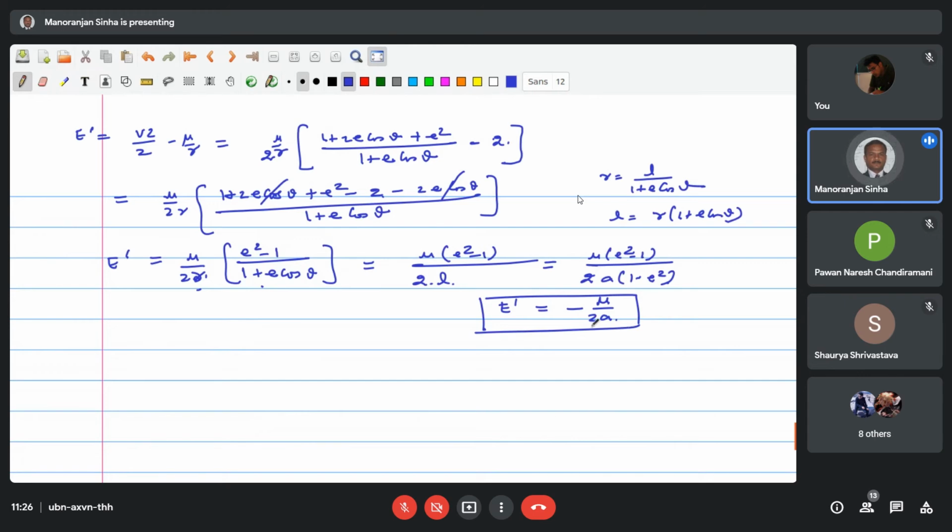And once you know this, so in the orbit also you can calculate the velocity with the v squared divided by 2 minus mu by r, so minus mu by 2a for elliptical orbit. So from here we have v squared by 2.